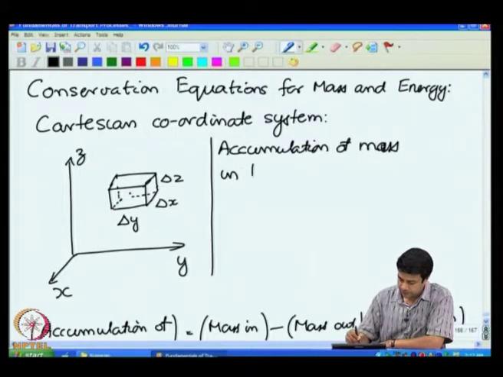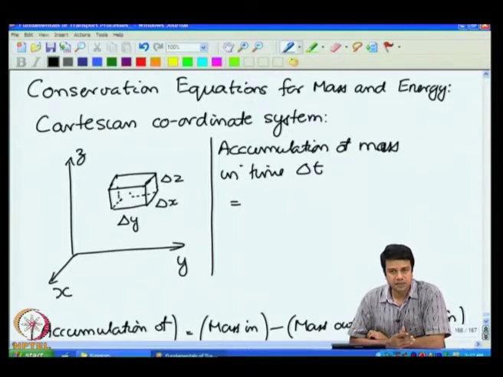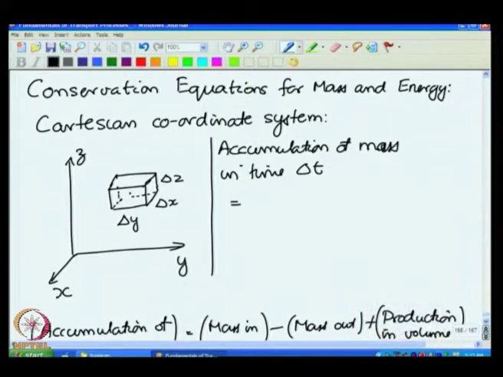In time delta t, this accumulation is going to be equal to the mass at time t plus delta t minus the mass at time t. The mass at time t and t plus delta t are the concentration times the volume.